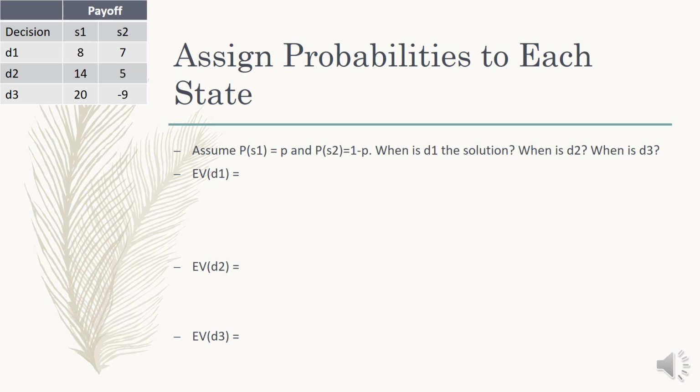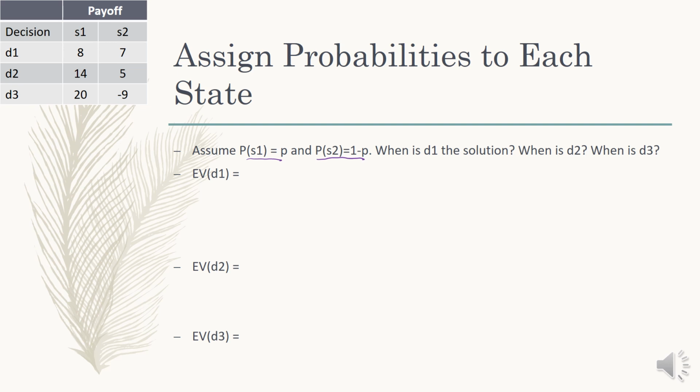You still want to answer the question, when is D1 the solution, when is D2 the solution, and when is D3 the solution? So what we're going to do is assume the probability for a strong demand is P, which means the probability for a weak demand is 1 minus P, because they have to add up to 1. Given that, now can we figure out the expected value for each one? So it's going to be a lot of algebra, but we can work through it.